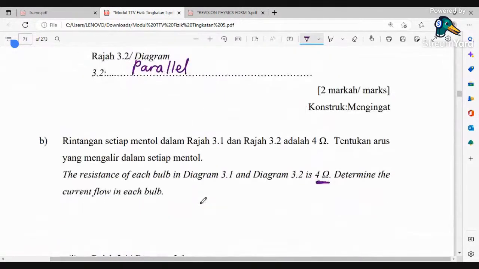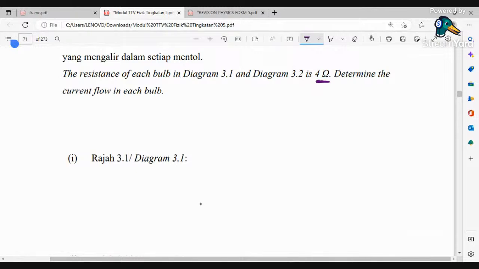Okay, formula kena tahu. Series, ingat tadi diagram 3.1 ialah series connection. So effective resistance R effective equals to 4 plus 4 plus 4. So you will get 12 ohm.